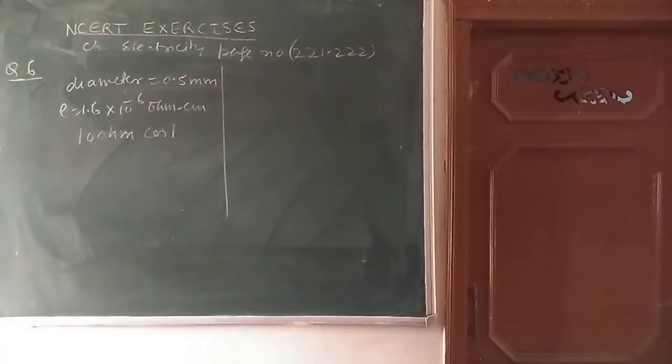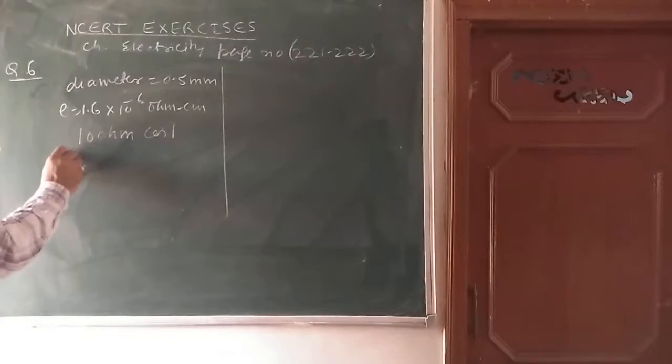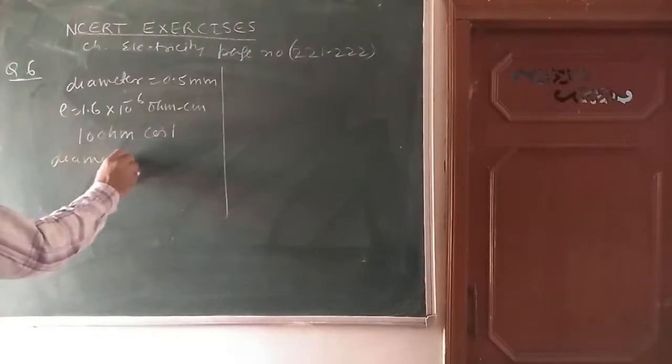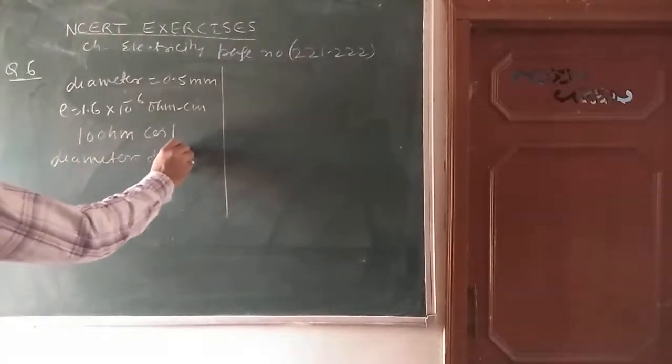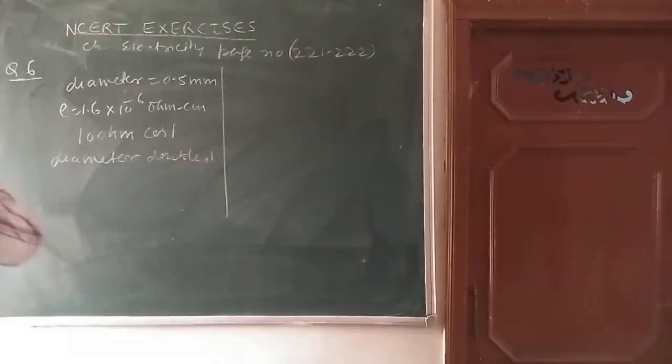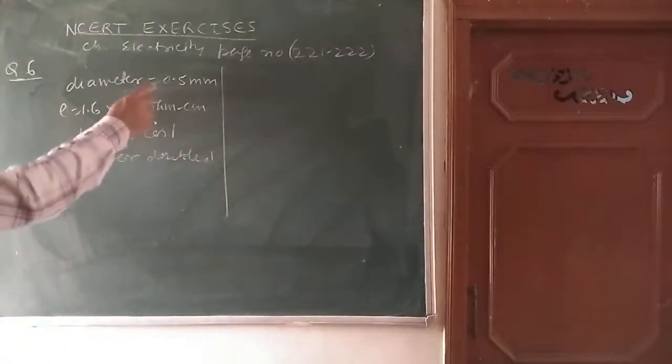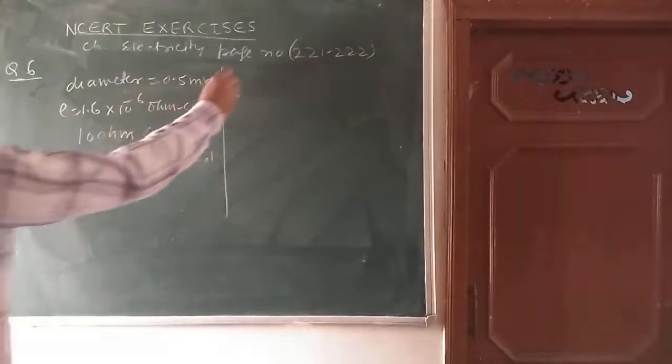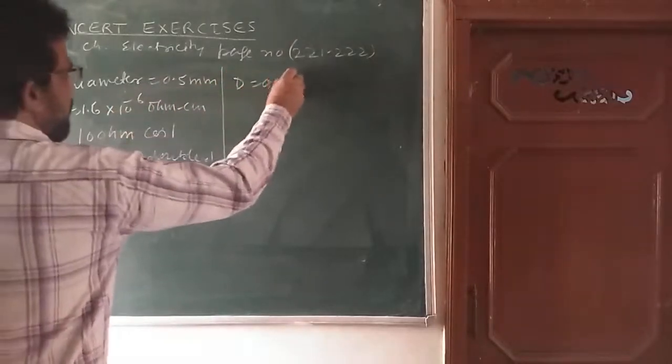10 ohm coil. And how much does this resistance change if the diameter is doubled? Diameter is doubled. First, initially see that diameter is given, D is equal to 0.5 mm.